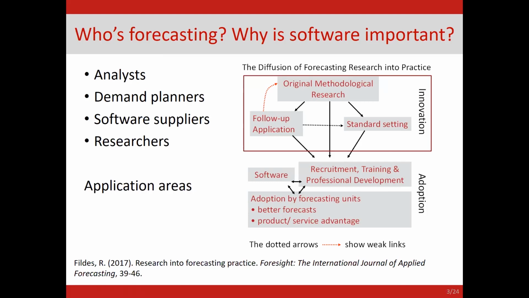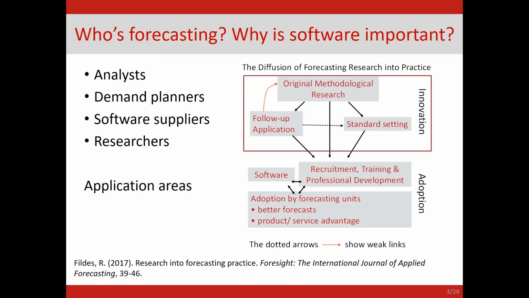But probably the biggest group of people who use forecasting software are demand planners. They may be called all sorts of different things, but basically they're people in organizations who've got a major function in using commercially supplied software. Sometimes, however, they'll have devised their own software in Excel. So a variety of attempts to match the jobs that people do with the software.